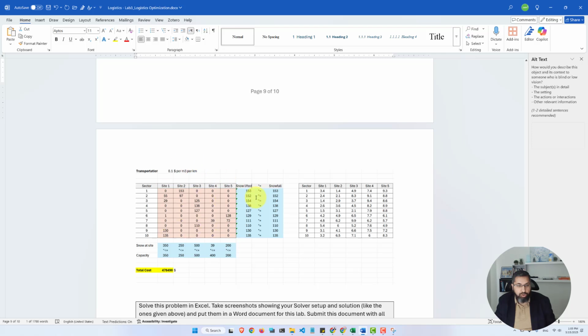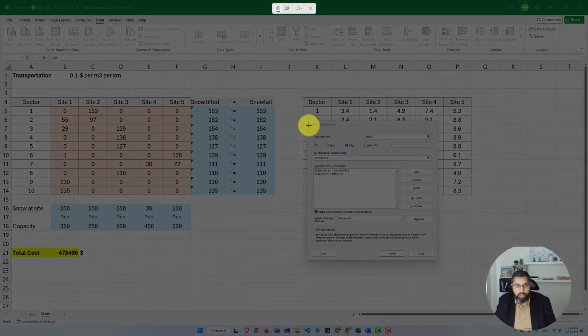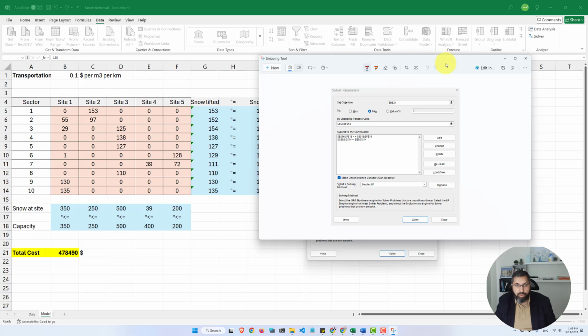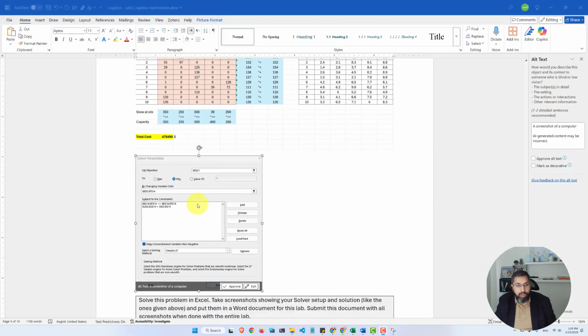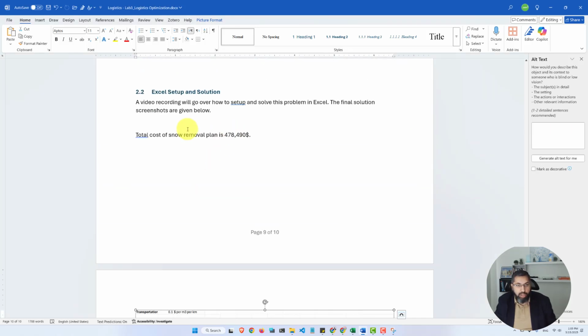You'll show your model, and you will also show your solver screenshot. Let's take the solver screenshot. Okay, and we'll put this in our Word document. So your Word document will have these two screenshots: solver, your model, and the total cost.